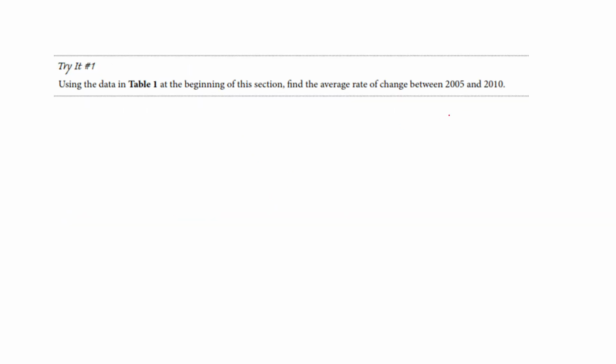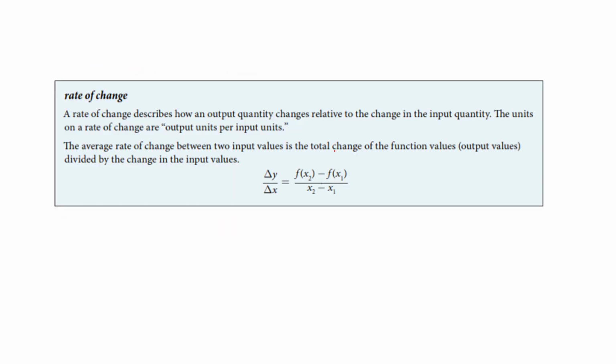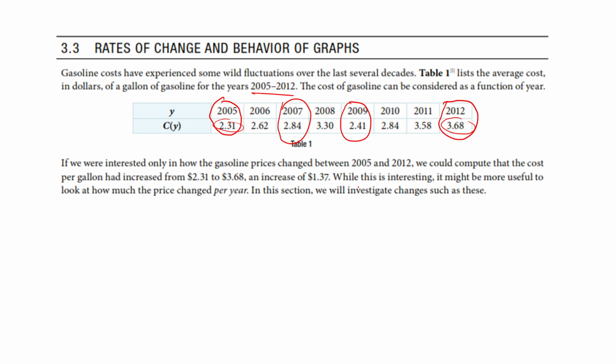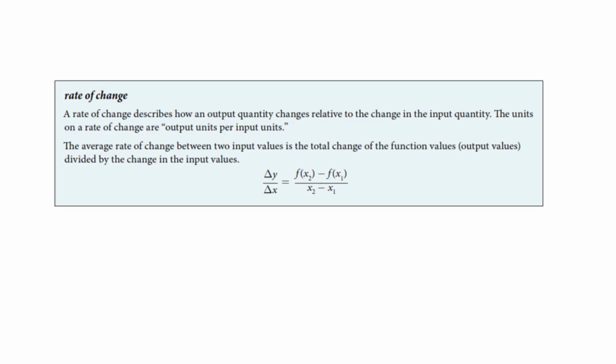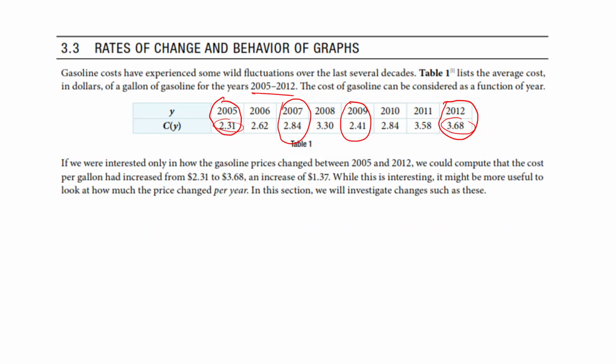Okay, so we would do this again with 2005 and 2010. So we need to go back to our table here. I need to write these down because I have no way to carry them over to the other screen. All right, so in 2010, I got 2.84. 2005, I had 2.31.